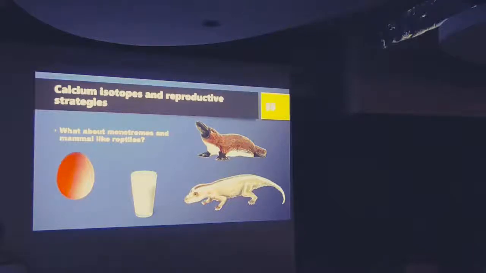And so, for the moment, there is really little evidence on what the reproductive strategies of these mammal-like reptiles were. This is something that has been a lot debated, but for the moment we don't have direct evidence of anything for their reproductive strategies. So that's something that will be really interesting to investigate.